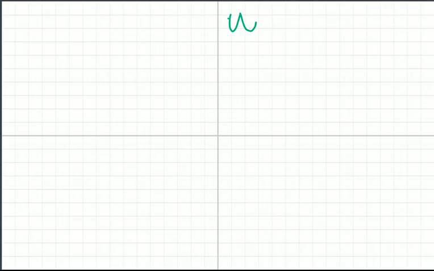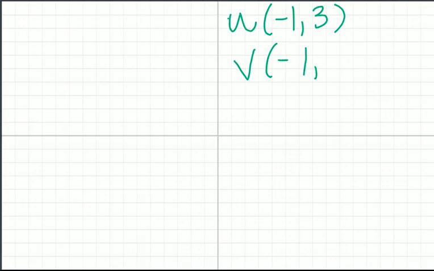Point U was negative 1, 3, and point V was negative 1, negative 4. Okay, so let's find point U. Negative 1, 1, 2, 3. Here's U. Alright, now let's find point V. Negative 1, 1, 2, 3, 4. Here's V.